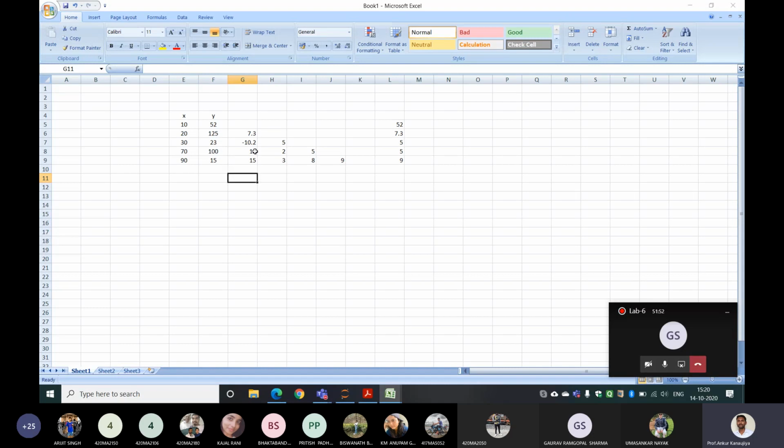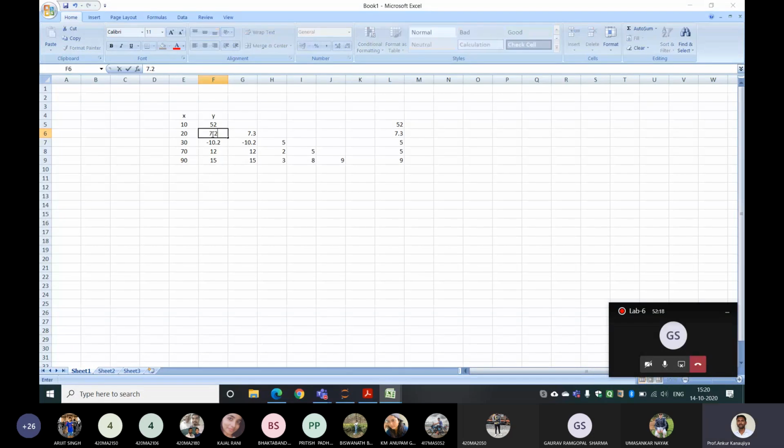Then we'll calculate 12: 100 minus 23 divided by 70 minus 30, and we'll erase this 100 and store 12 here. Then minus 10.2: 23 minus this divided by 30 minus this. Then this 7.3: this minus this divided by 20 minus 10, we got 7.3.